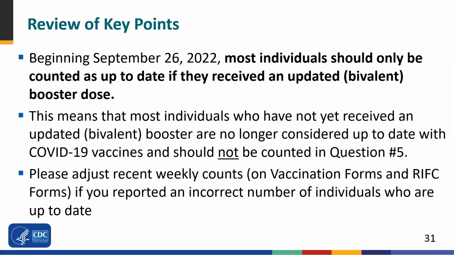This means that most individuals who have not yet received an updated bivalent booster are no longer considered up to date with COVID-19 vaccines and should not be counted in question number 5. Please adjust recent weekly counts on vaccination forms and RIFC forms if you reported an incorrect number of individuals who are up to date.